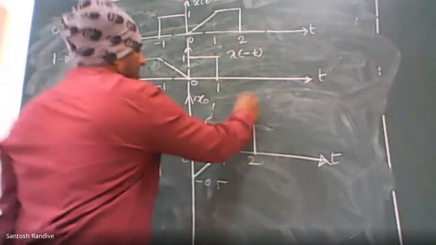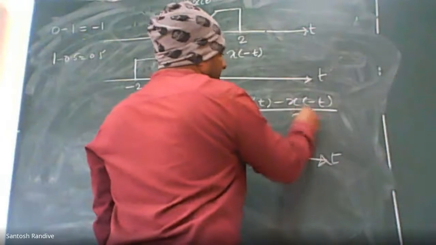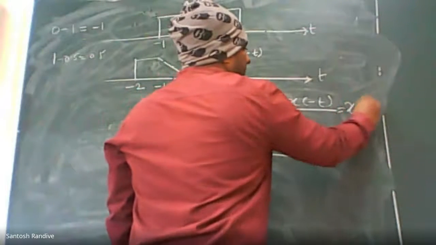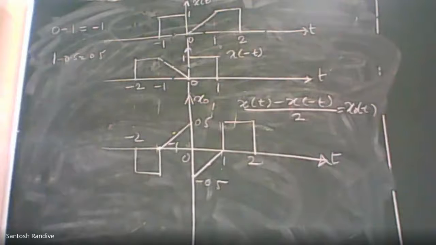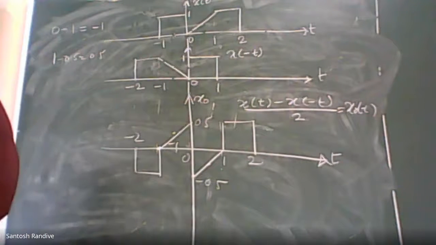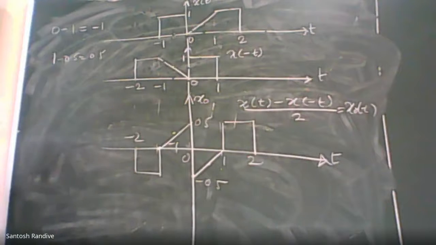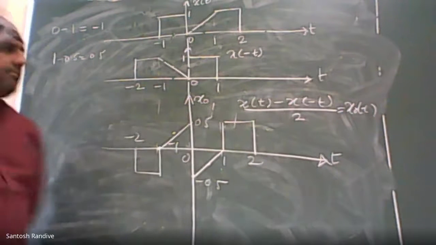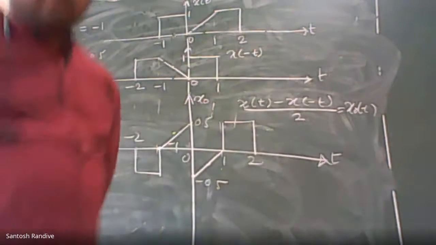X of t minus X of minus t divided by 2, which will give you XO of t. Got it? Simple.